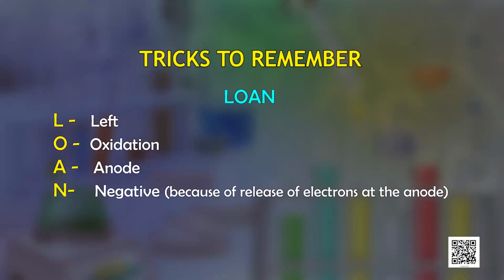You may remember the setup of galvanic cell with a trick, the word LONE, which stands for left, oxidation, anode and negative. Hence, you may realize that we have converted the chemical energy into electrical energy with the help of an electrochemical cell.